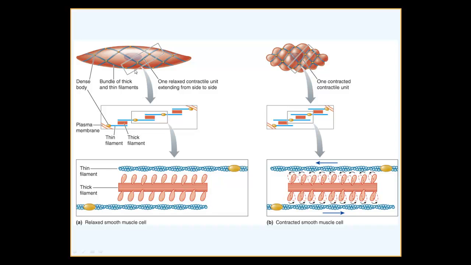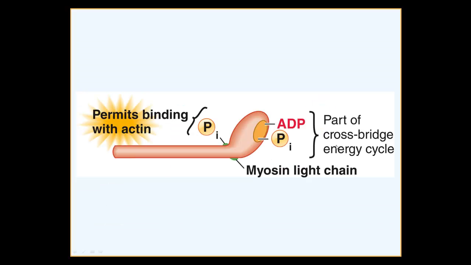The idea is that you're shortening the distances between your dense bodies. You can shorten this one, but you can also shorten that one, and this one can pull one way and the other will pull in the opposite direction, and therefore we are bringing the two closer to each other, which is the idea of the contraction.